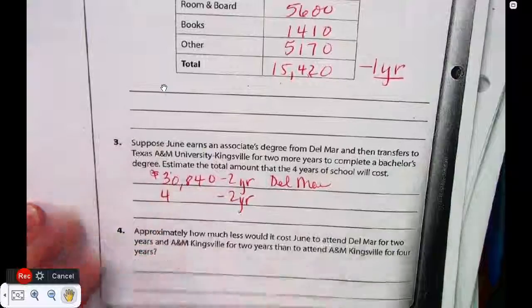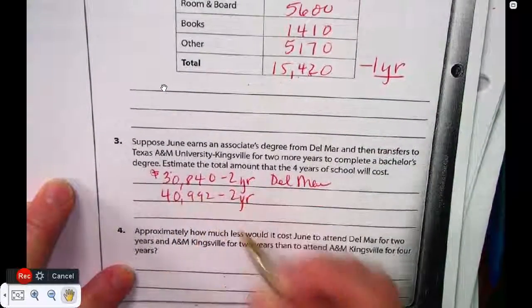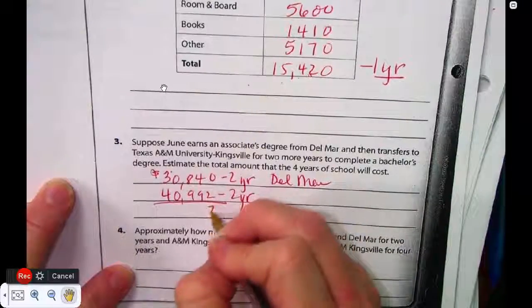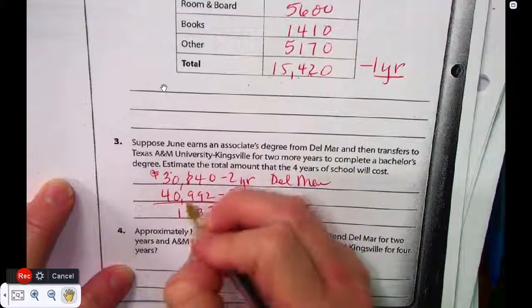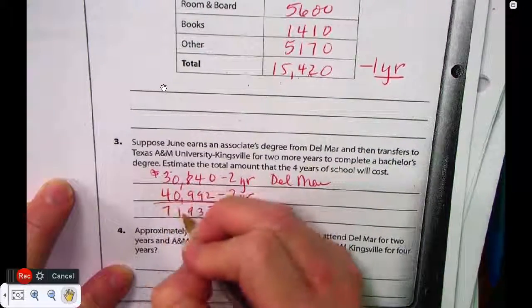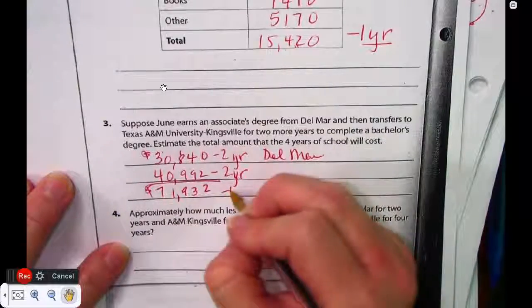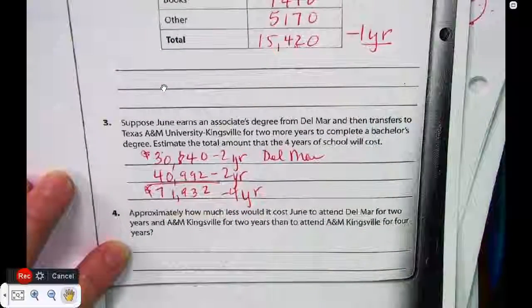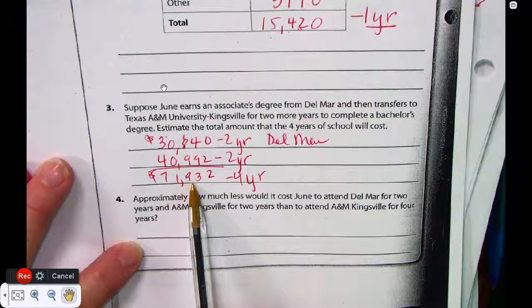I don't think it's 48,000, is it? $40,992. Yeah. Okay. So that's going to cost her a total of $71,932 for 4 years. Right? Did I add it right? Yes.